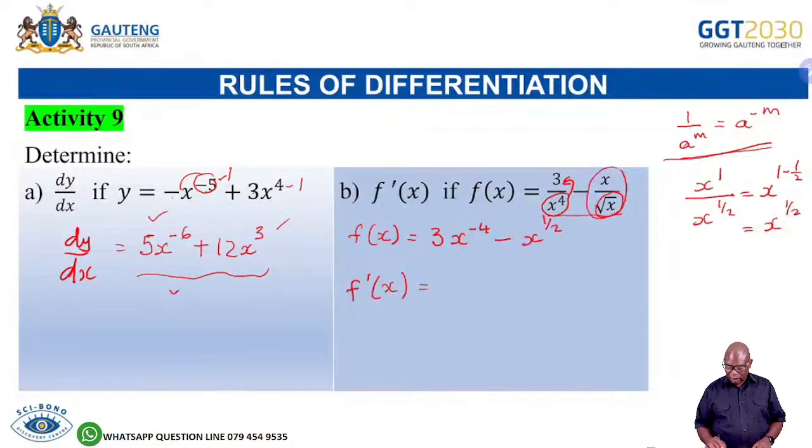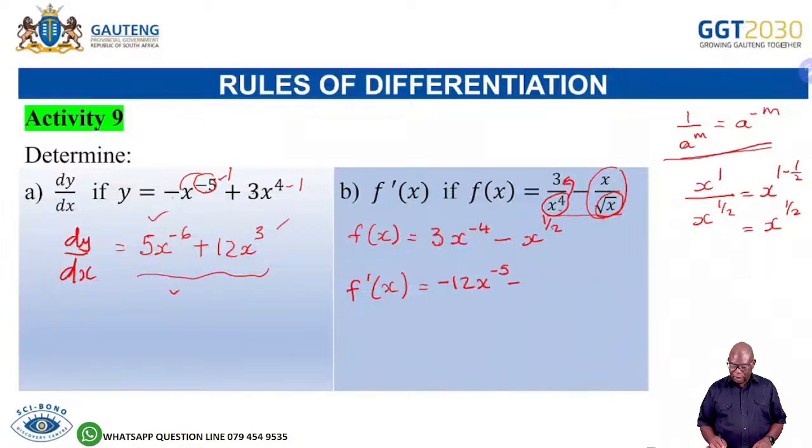But there, I have an x to the power 4 there, the denominator. Cannot derive, I must take it up there. So let me derive now. Negative 4 times that will give us a negative 12x to the power negative 5. Because that part here, we are multiplying, and then the minus 1 there gives us minus 5.